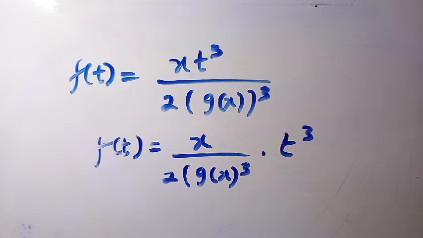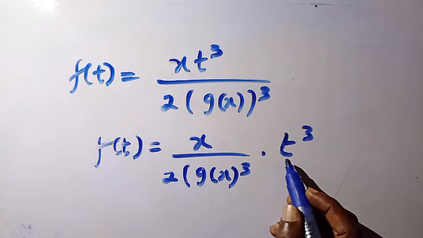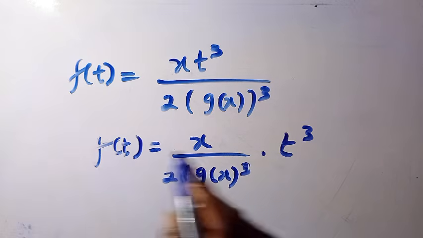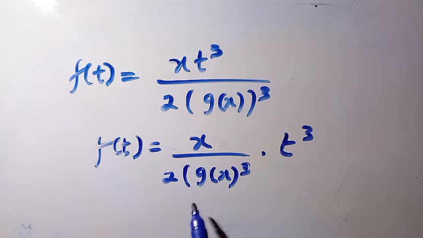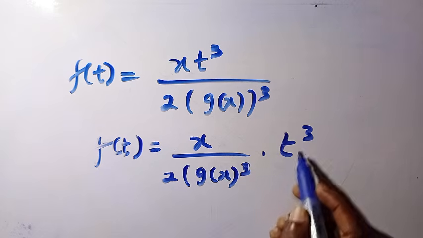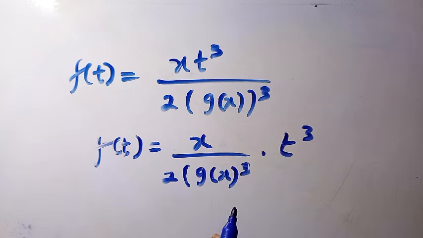For f of t to be a valid function that depends only on t, the coefficient of t cubed, which is x over 2 bracket g of x cubed, must be completely independent of x, and we are going to have it as a constant.